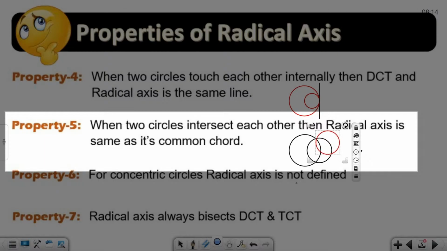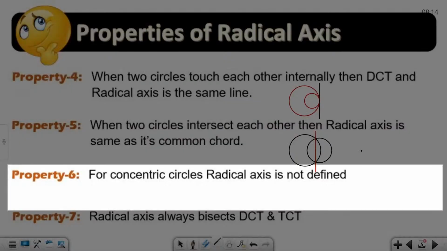Then the radical axis and the common chord are one and the same line. This line is basically the radical axis as well as the common chord for both the circles. Okay? This happens when two circles intersect each other at two distinct points.